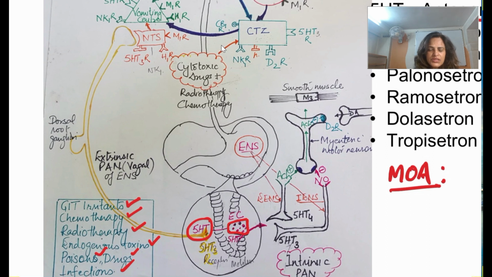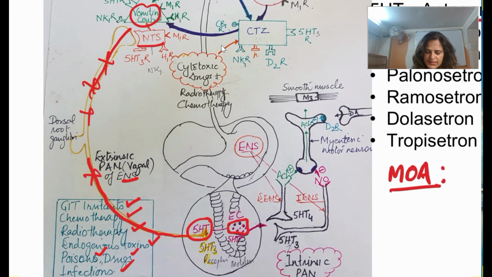This 5-HT3 then carries the emetogenic impulses through the vagus to the vomiting center, near the nucleus tractus solitarius. 5-HT3 receptor antagonists block this transmission of emetogenic impulses through the vagus to the vomiting center. So this is its peripheral action.